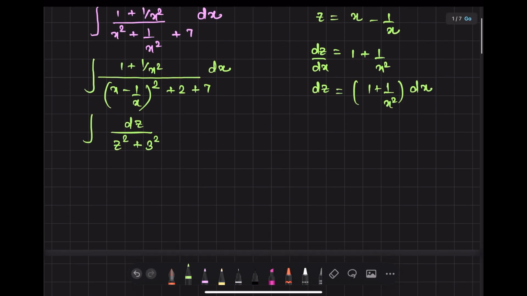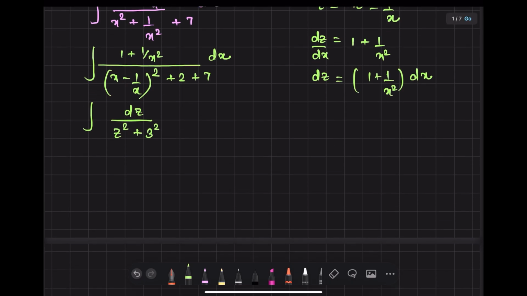Okay, now do you remember that we have to integrate this function where we have dx by a square plus x square? You know that it is without root. So if it is without root, we used to think whether it is comfortable or not. You can connect this with dx by 1 plus x square.